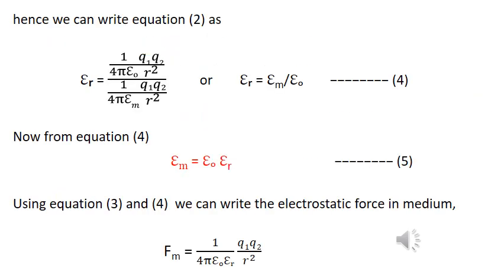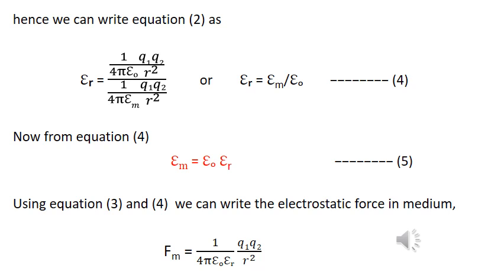Hence, we can write from the previous equation the value of epsilon r is equal to epsilon m upon epsilon naught. From this equation, we can write the absolute electrical permittivity of the medium is equal to the absolute electrical permittivity of the free space into relative electrical permittivity.